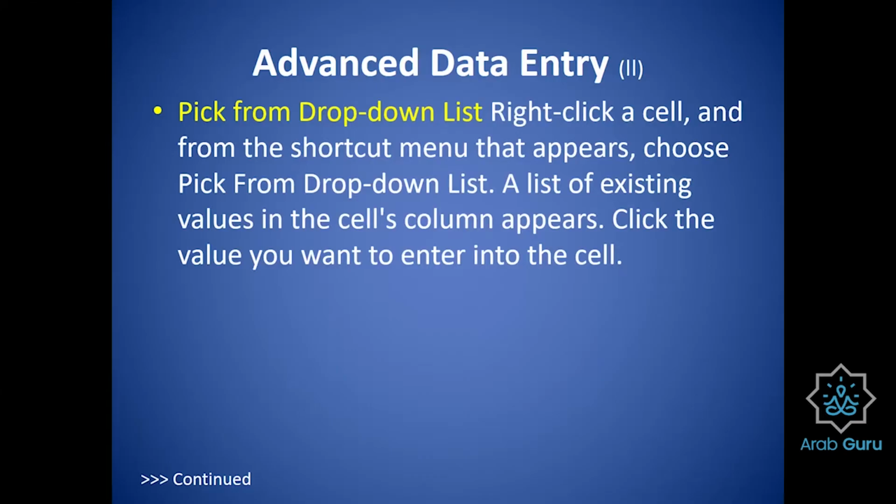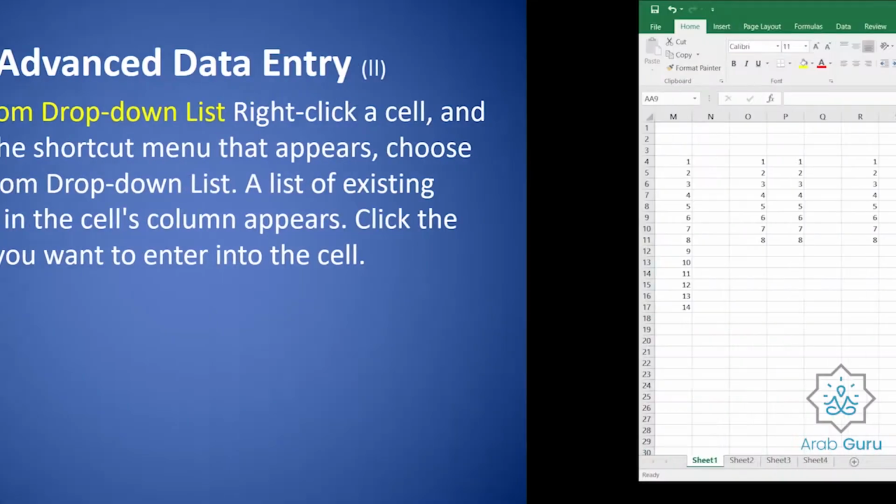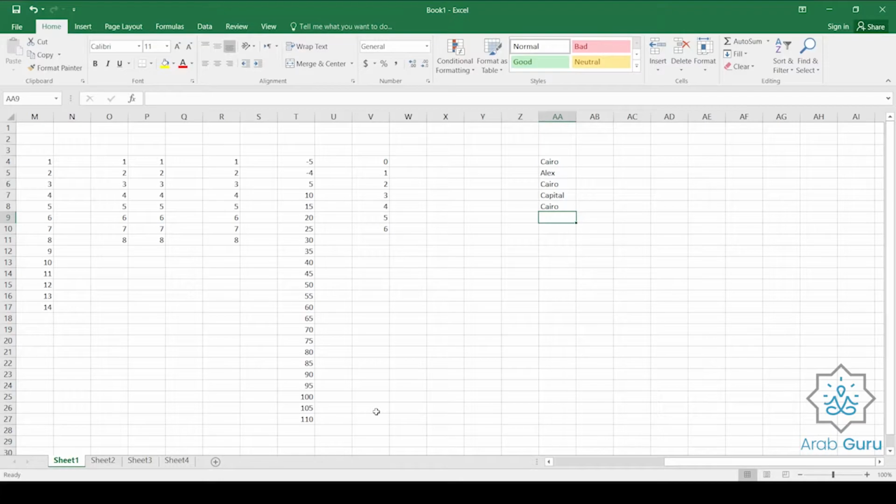Also, we can pick from a drop down list. If the list is very large, with many values inside it, and we are not sure how to type a word, we can just right click in the empty cell next in the same column, and here is an option called pick from a drop down list.